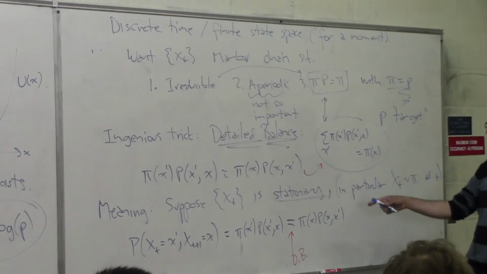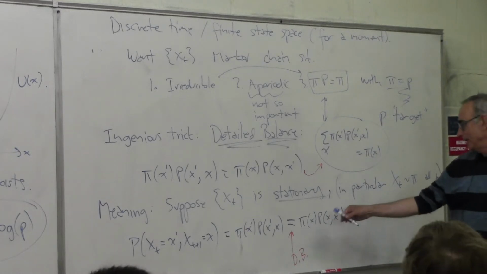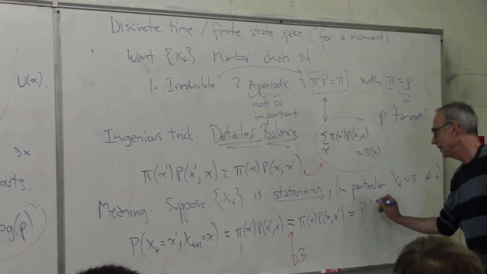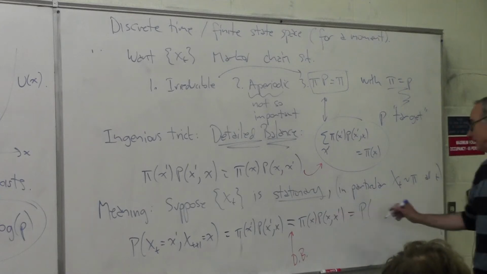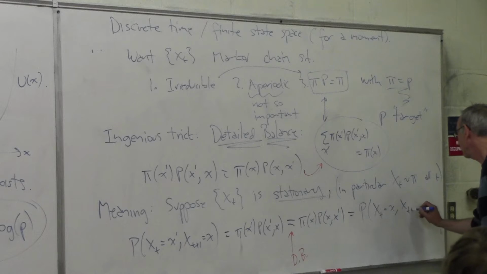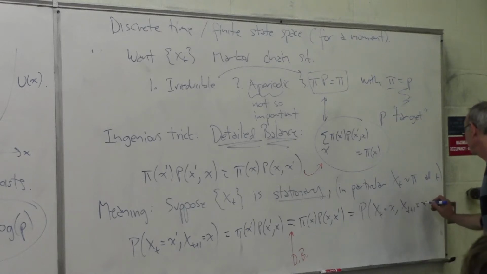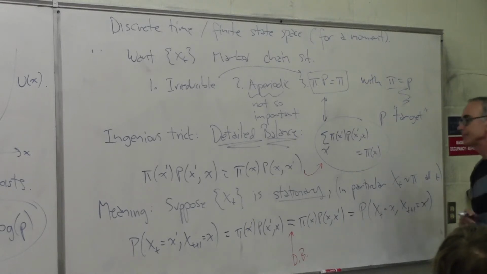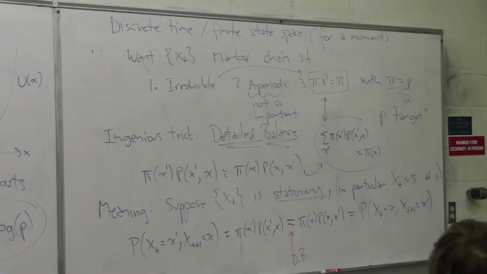But then I can reverse engineer this and just say that obviously that's the probability that xt equals x and xt plus 1 equals x prime. So basically I can flip time. If I look at the process reversed in time, it's the same as forward in time.